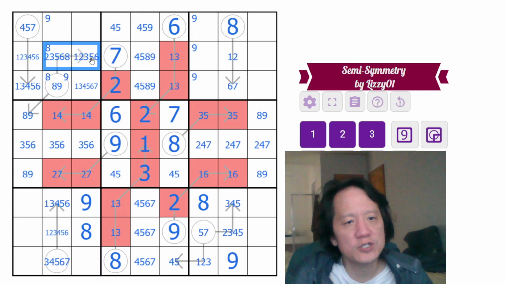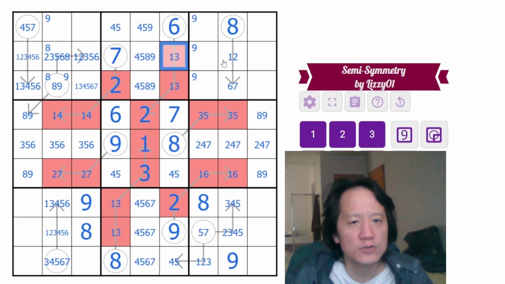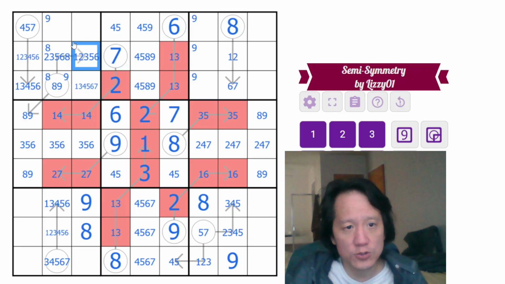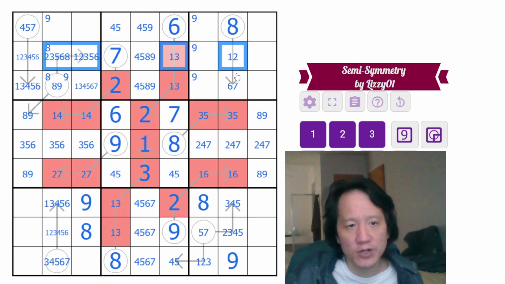There can't be a 1, 2, or 3, I guess. So the 1, 2, or 3 has to be here, here, or here, no matter what, right? Because if this is 9, this becomes 8, 1, and therefore that's 2 and 3.